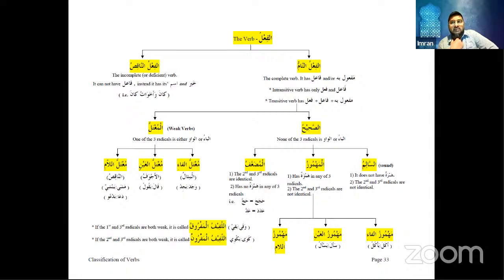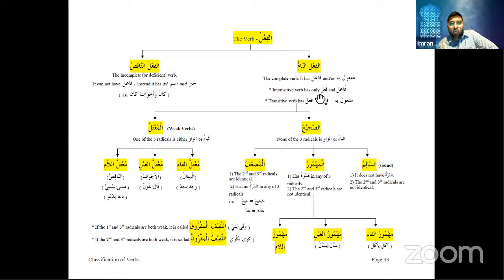We have fi'l muta'addi and fi'l lazim. Now, the complete verb has a fa'il and or maf'ul bihi. Maf'ul bihi means an object. So a verb, if it does not require an object, is called an intransitive verb.